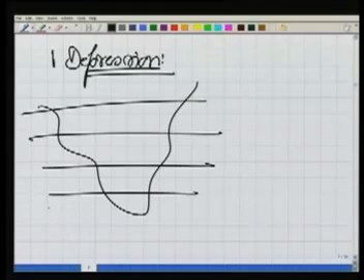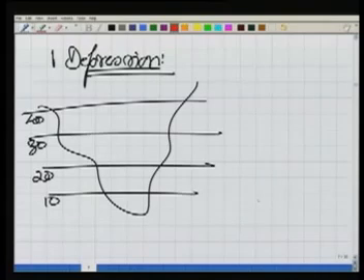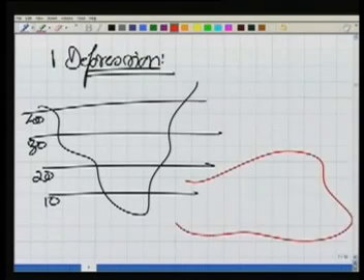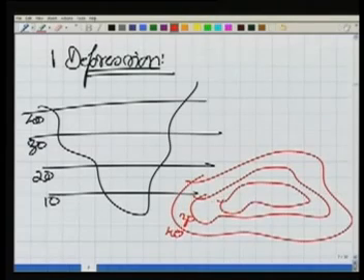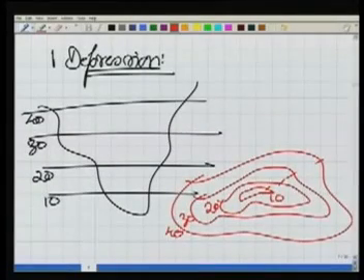And if we intersect it with these horizontal planes, 10 meter, 20, 30, and 40, the contour map will look like, we have 40 meter, then 30, 20, and finally 10. So if they are closing contours, closing means like this, and the elevations are increasing this way, it is a valley.